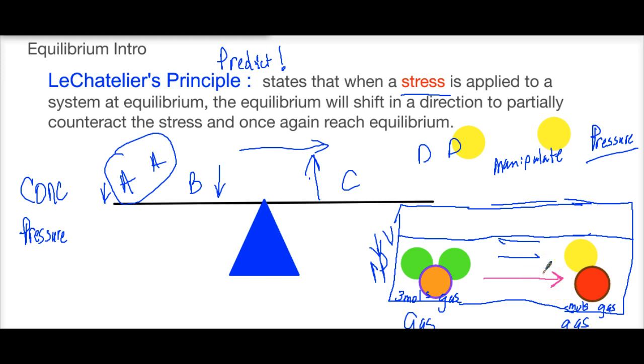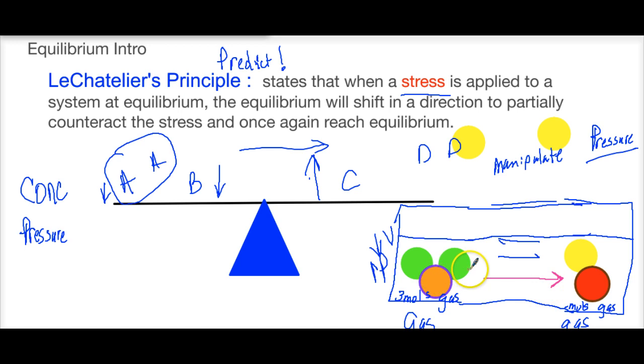In a gaseous system, it's not the same as having a concentration. Those are gaseous particles bouncing around, and they are going to try to return to that nice and easy pressure that they had before.